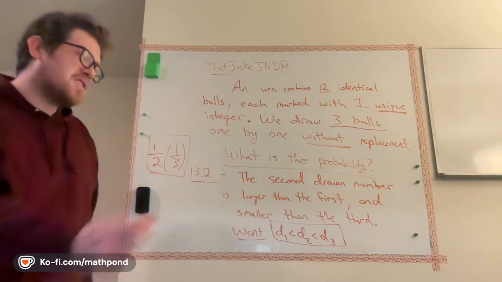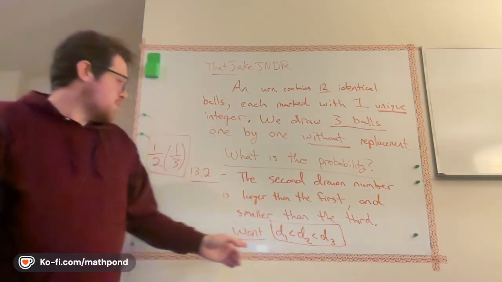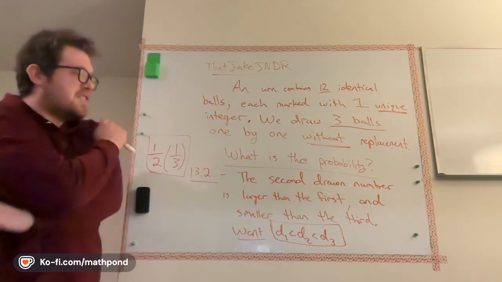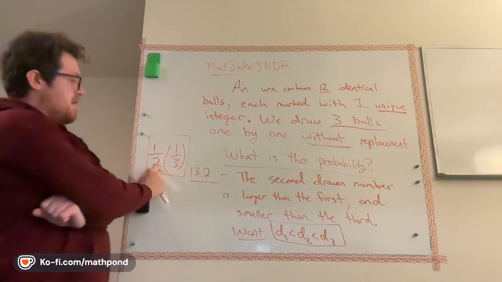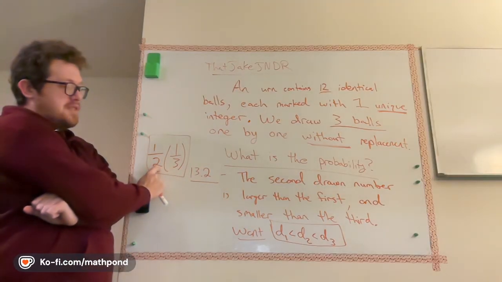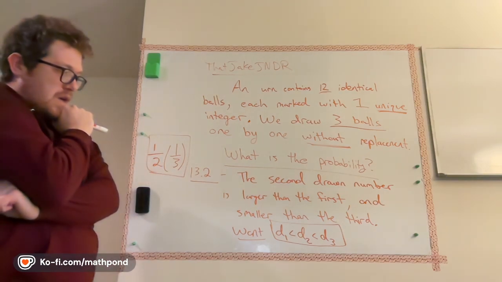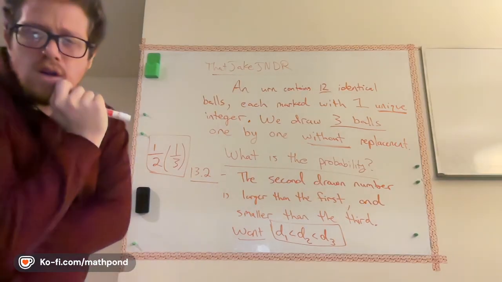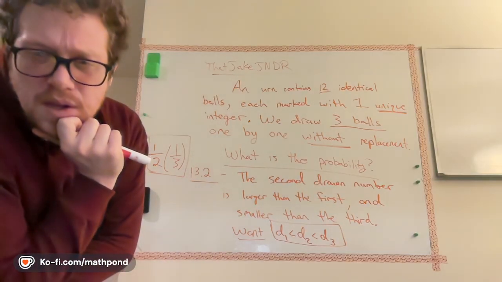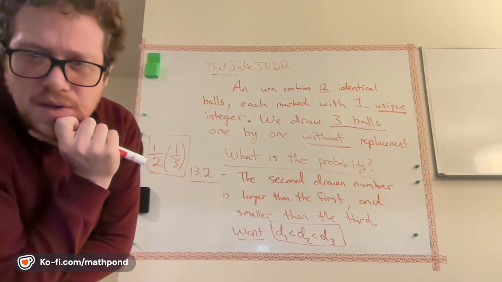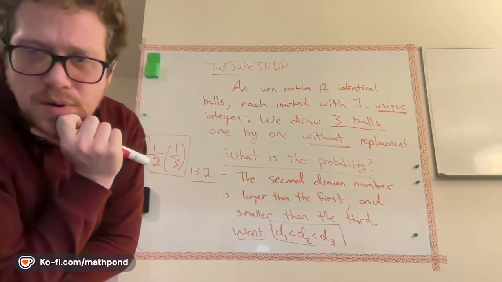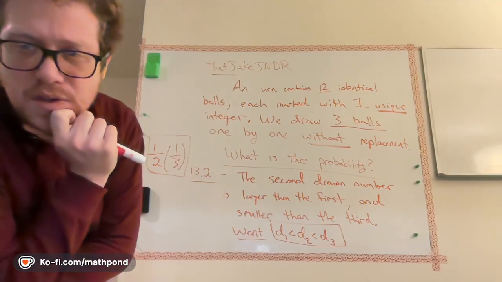I feel like there's a one-line proof. Why is D2 bigger than D1 1/2? I think it's the same argument, but it's not obvious to me. It's equally likely that D2 is greater than D3 and D3 is less than D2, but we're predicating that D1 is less than D2.